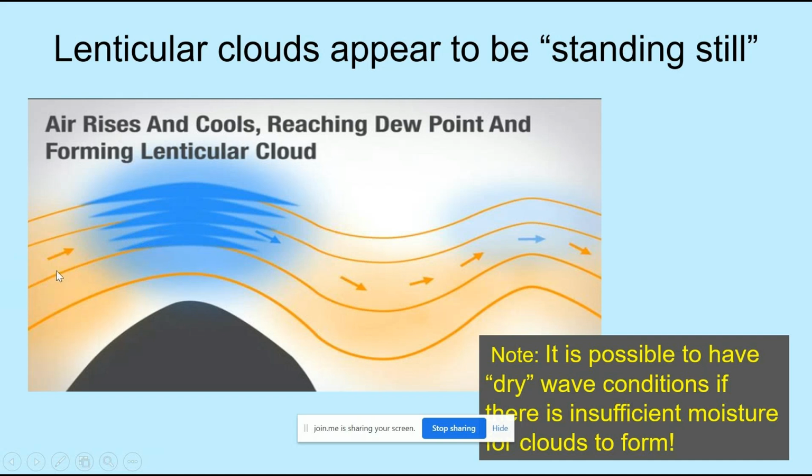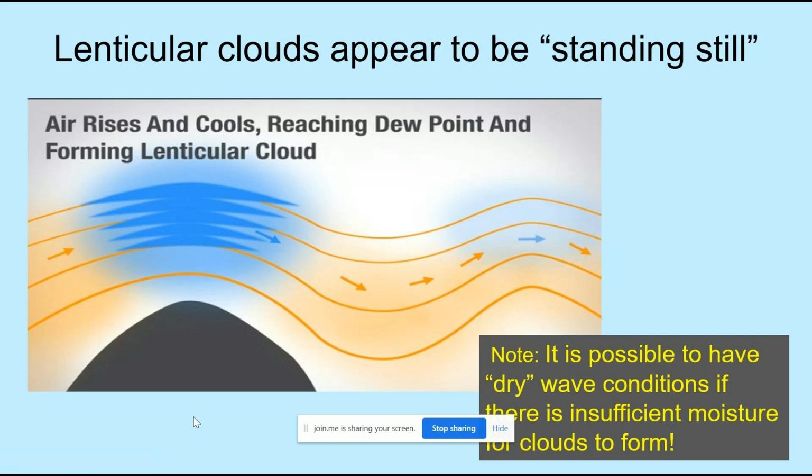Then explain how the air rises, cools to the dew point temperature, and you see the visible cloud, but then the wind continues to flow down, the temperature dew point spread opens up, and it's no longer a cloud. So basically the wind flows through the cloud and back out the other side, and then up here you form another cloud. If you don't have enough moisture in the atmosphere, you can get dry wave.